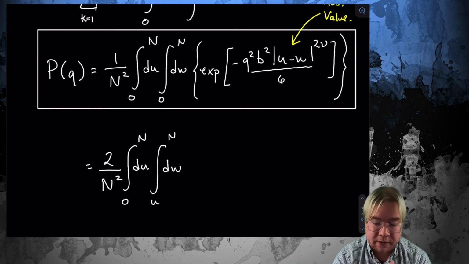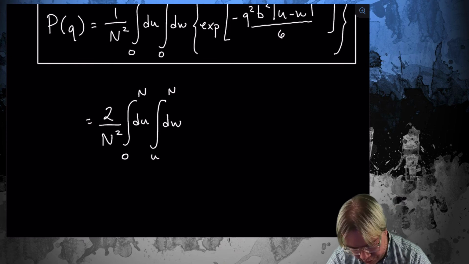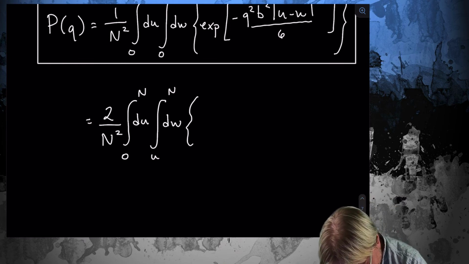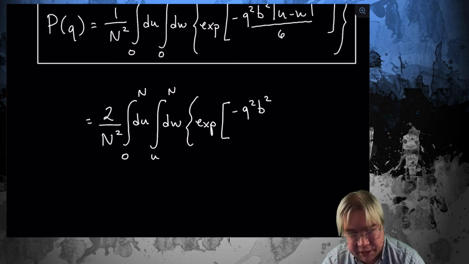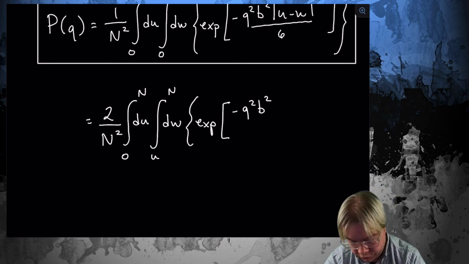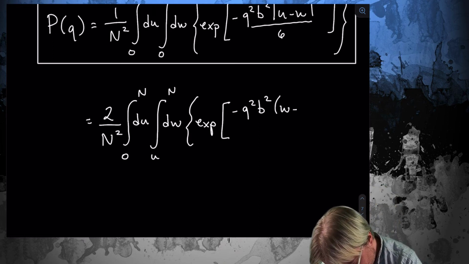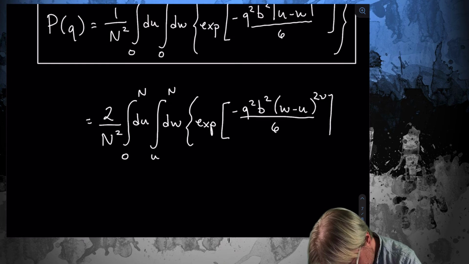You only count them once, and so that gives you the factor of 2 in the numerator. And so then you're going to get, in this case, the exponential of minus q squared b squared. w will always be greater than or equal to u. So this will be w minus u to the 2 nu divided by 6.